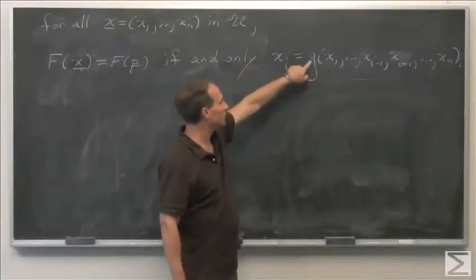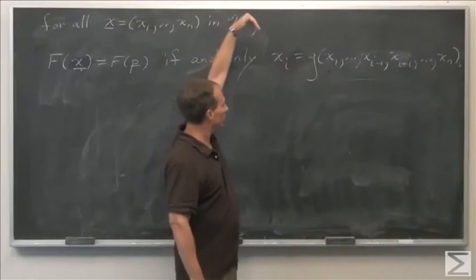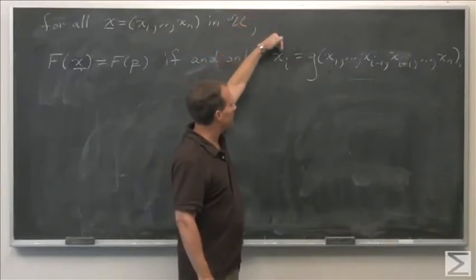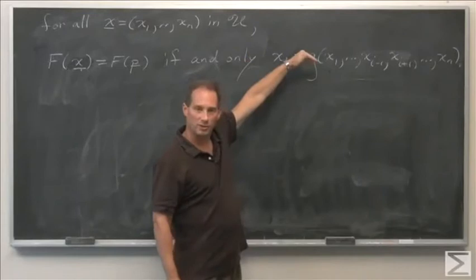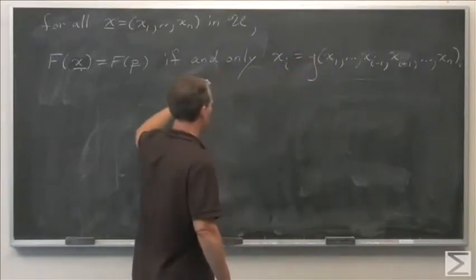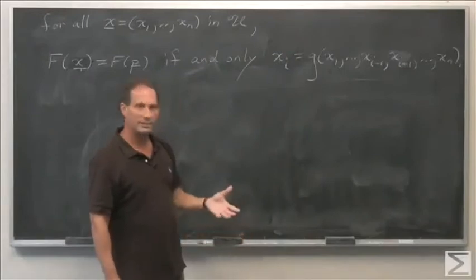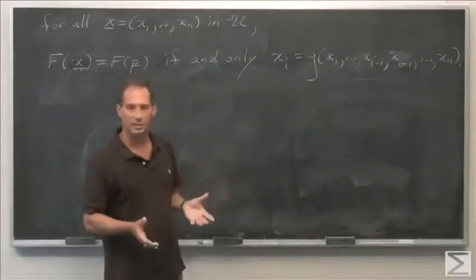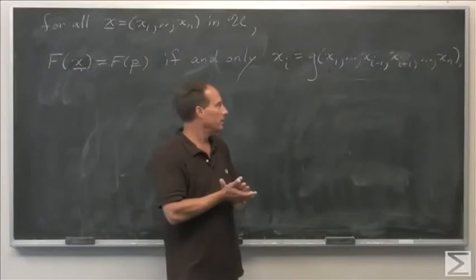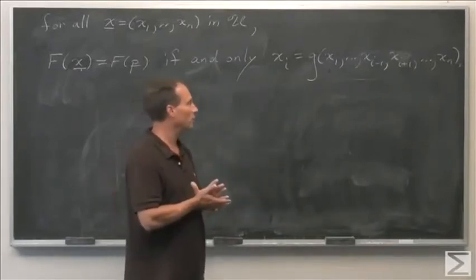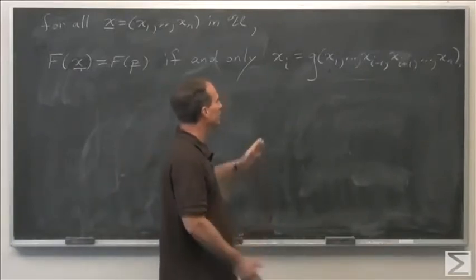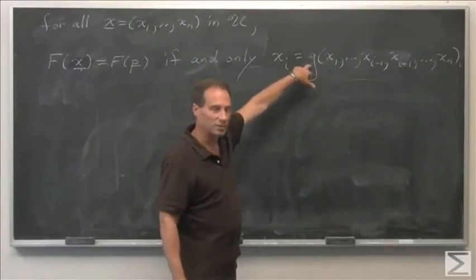Because there is this function g, and it says that, yes, xi can be written as a function of the other variables under those conditions. So theoretically, you can solve for xi. In practice, we never find explicitly this function g. That's why it's called the implicit function theorem, and why you differentiate implicitly. You actually never produce this function g.